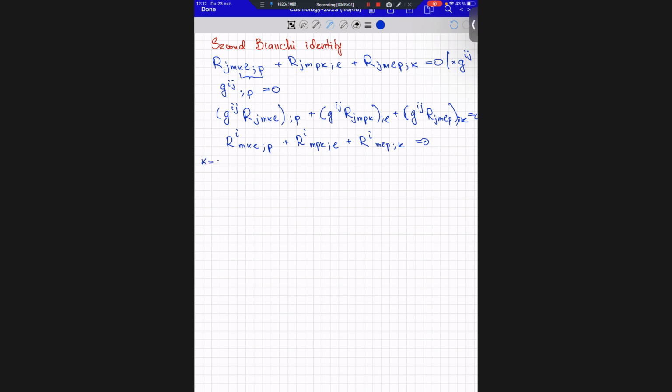I will put K equal to I, so I will consider this identity for the case when K equals I. In the first summand, it exactly corresponds to the swapping of the curvature tensor, which gives us the Ricci tensor, because this is swapping of the first and the third indexes. So it will be R_{ML} covariant P.